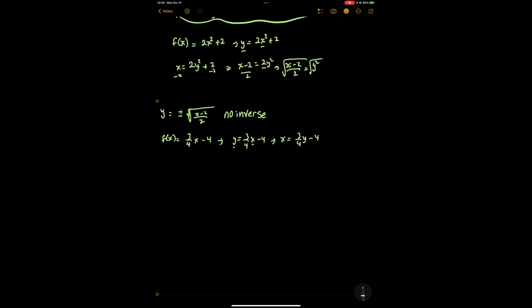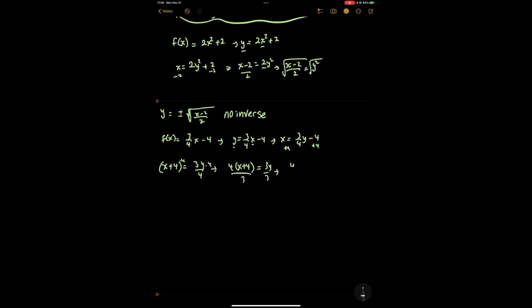So I'm going to add 4 on both sides, right? So I get x plus 4 equals 3y over 4. And so I'm going to multiply by 4 on both sides, right? So I get 4 times (x plus 4) equals 3y. And I'm going to divide by 3 on both sides.